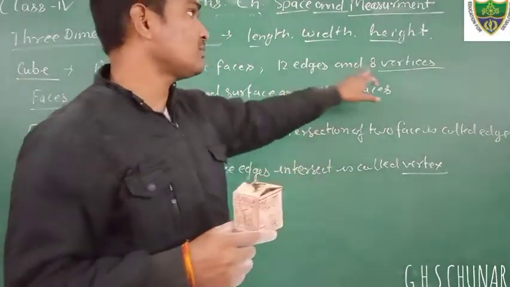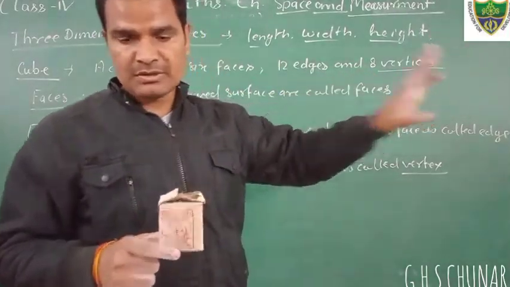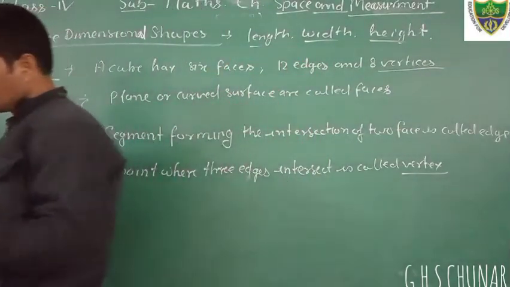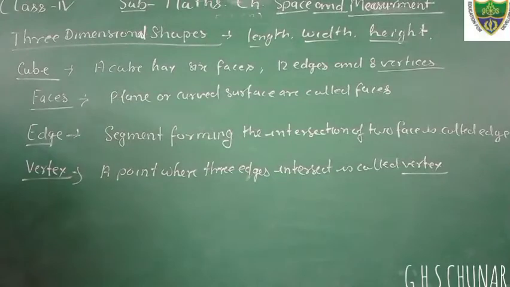So there are 8 vertices in the cube. So in a 3D shape there are faces, edges and vertices. You note it.